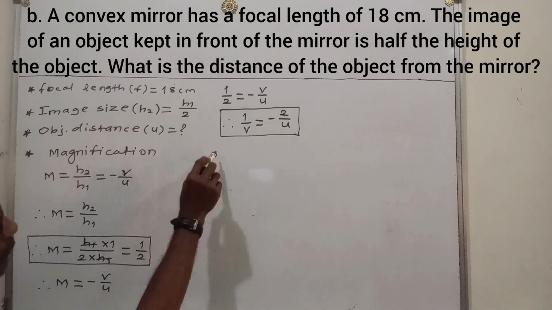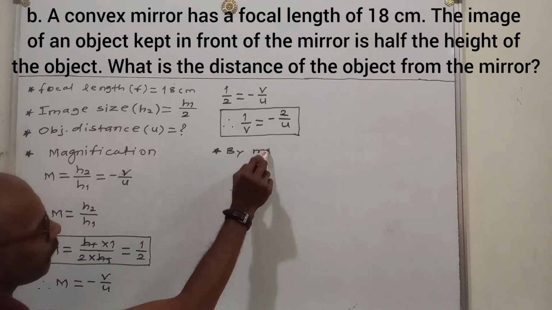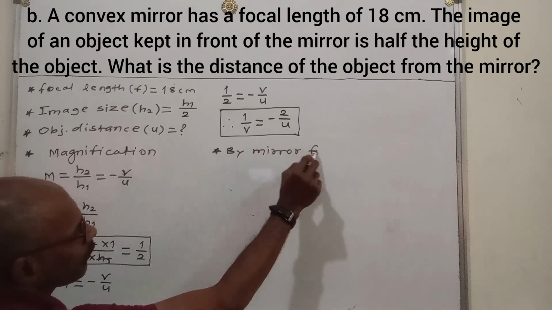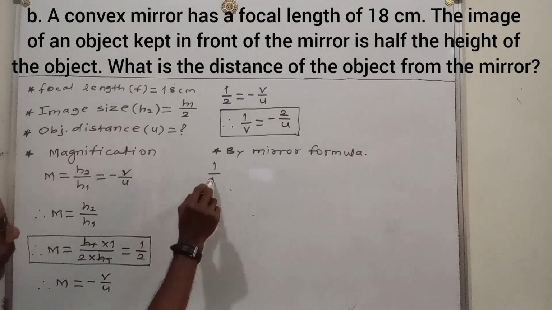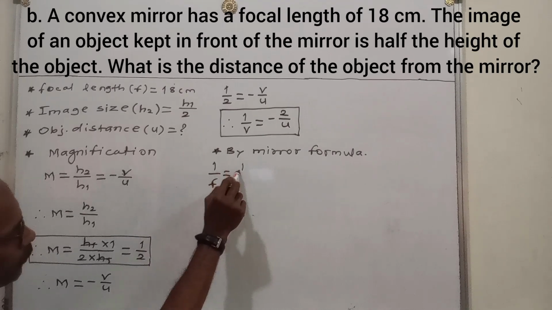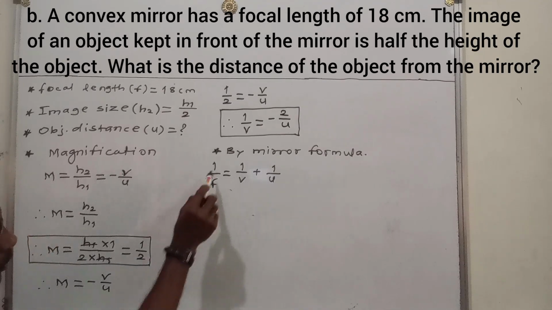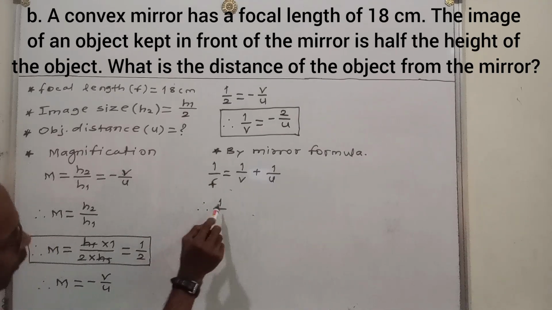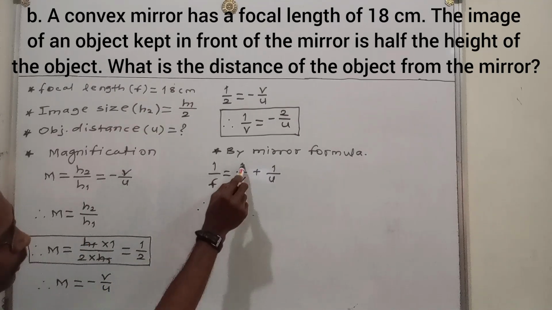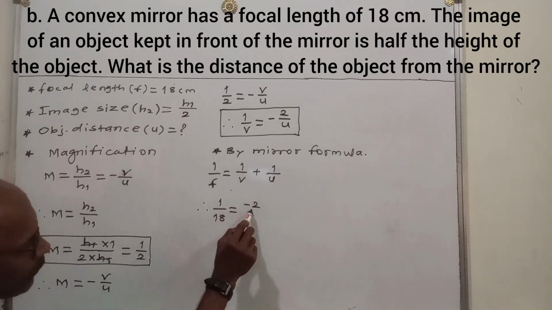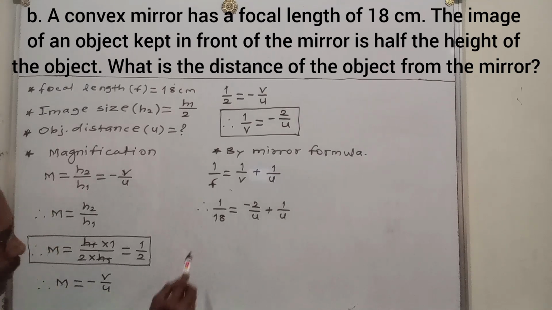Okay, now we use the mirror formula. What is the mirror formula? 1 upon f is equal to 1 upon v plus 1 upon u. Therefore we put values, 1 upon f, what is 18, 1 upon v plus 1 upon u.